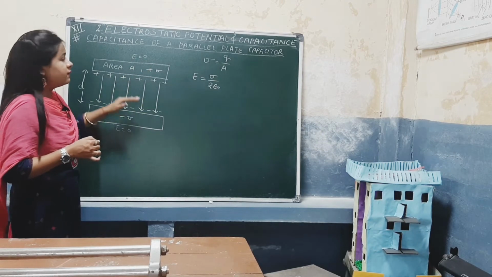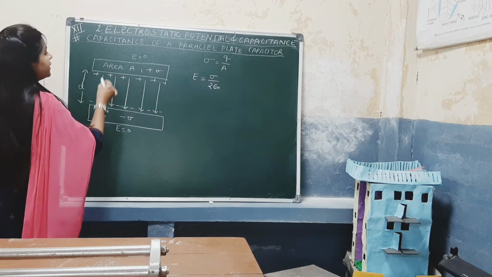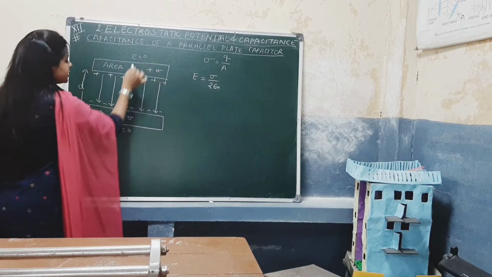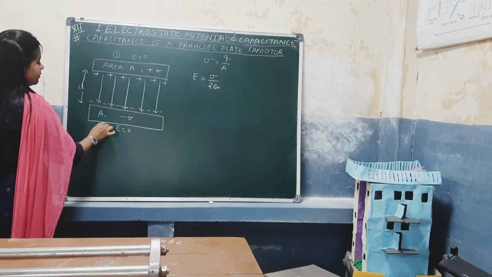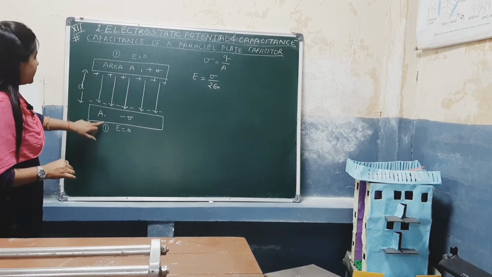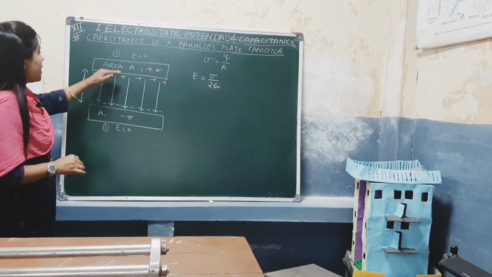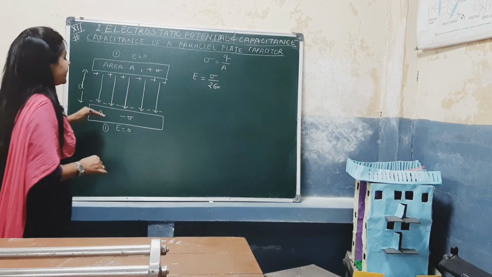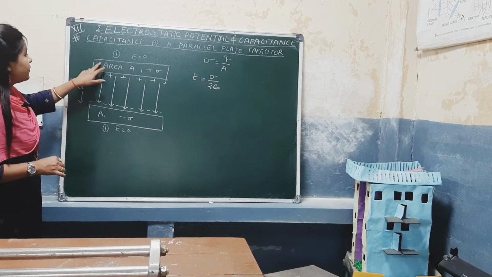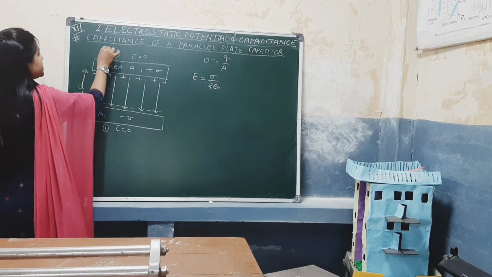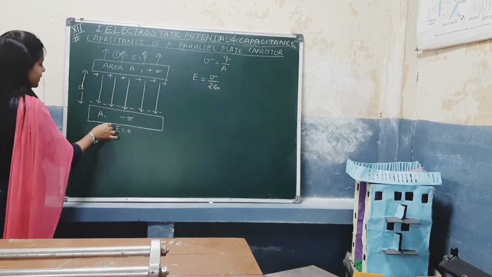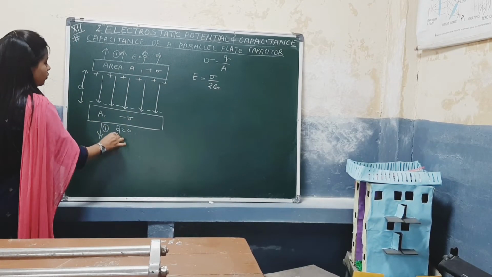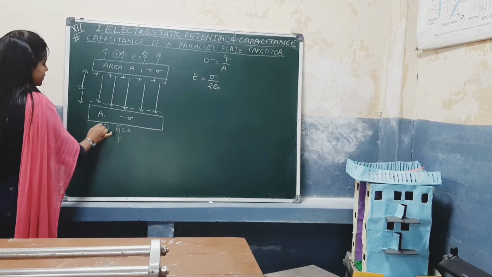So first of all, we'll consider the electric field outside the plates at these positions, position number 1. These are the two positions, position number 1 and this is also position number 1, meaning outside the plate. Let's check out the electric field. The electric field lines from this plate will go in this direction, and electric field lines at this plate will go in this direction.